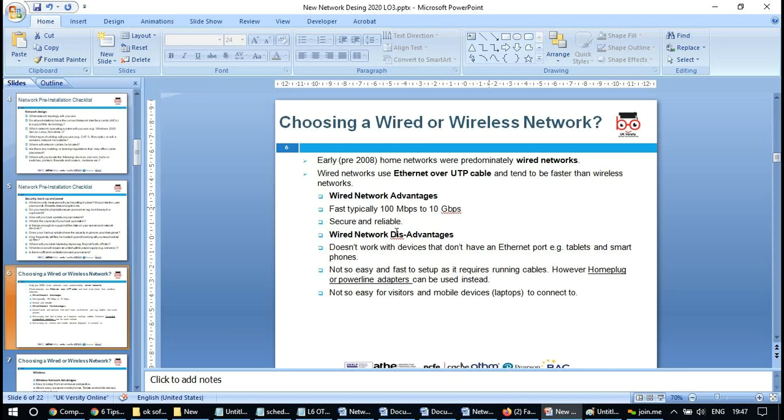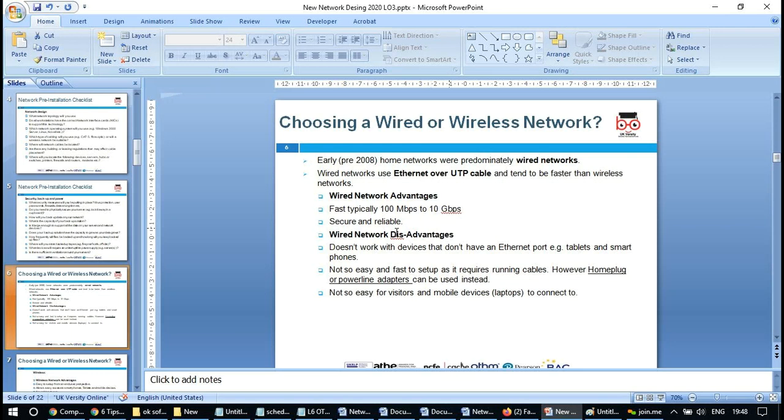They used Ethernet over UTP cables, unshielded cables, and they were much faster, and even today they are much faster. However, if you look at gigabit wireless adapters, they are still expensive compared to cabling, isn't it?